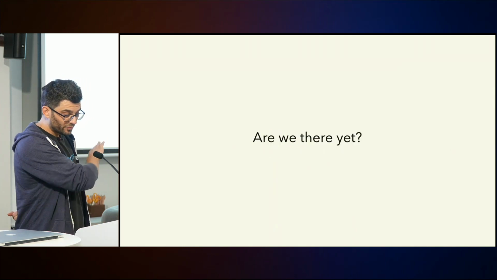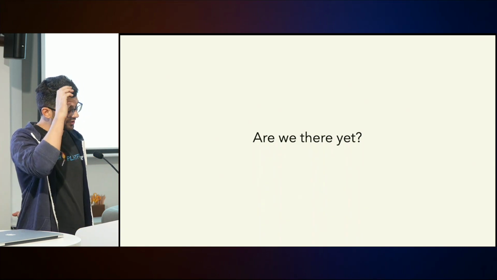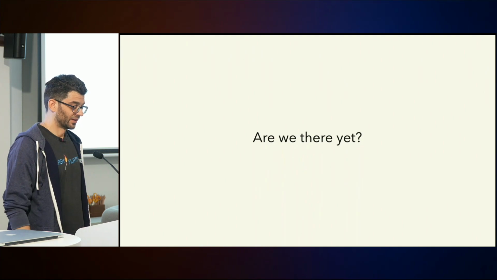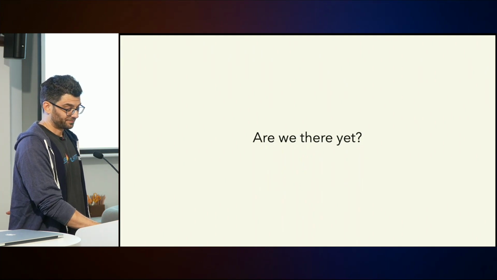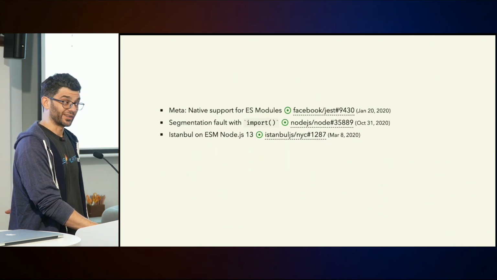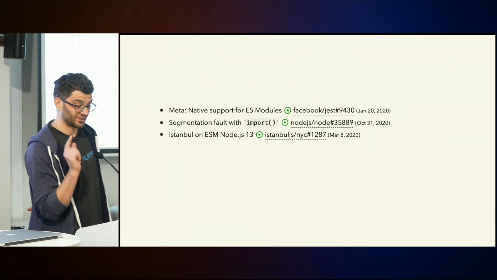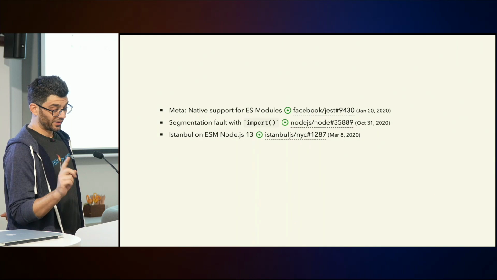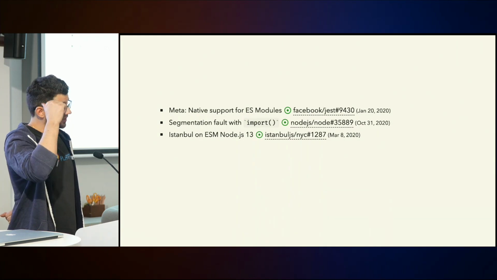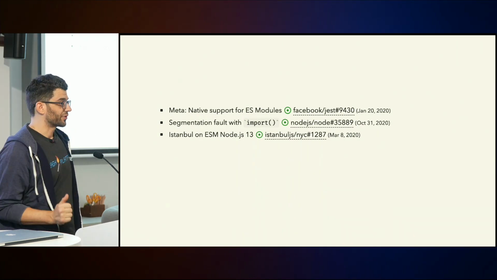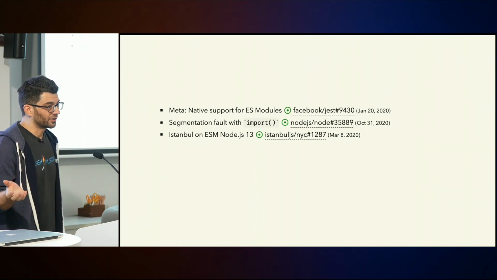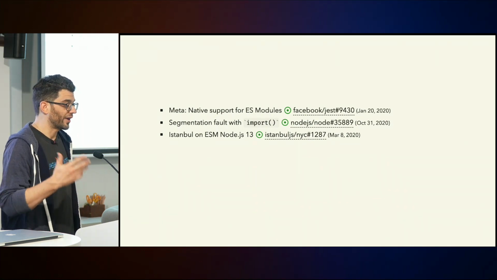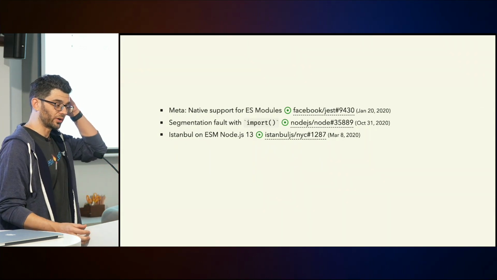So we've been through all those journeys, browsers, Node.js. Are we there yet? There are still some open issues. I marked them when they were open. They're still open. So Jest, for example, you can't use ES modules with Jest because there are some things in Node that break it, or they just don't support.